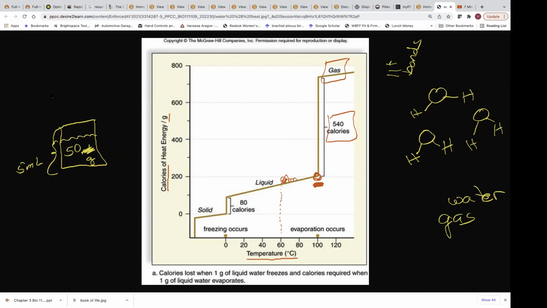With this, just imagine watching water boil. You put your pot on, you see your liquid water, you put in your heat, and you add more and more.